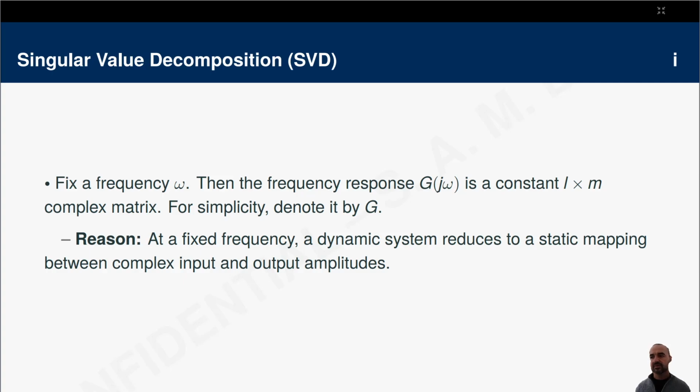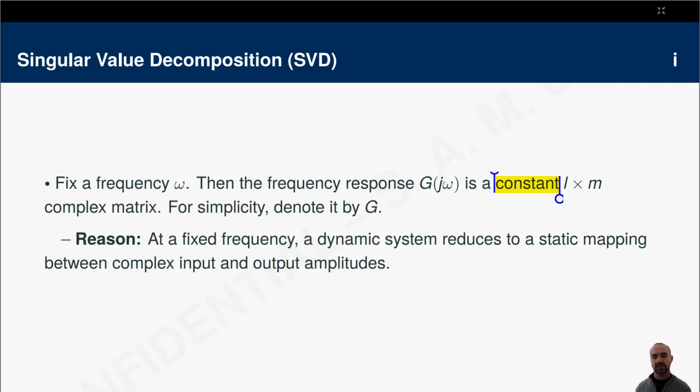We fix the frequency at omega, and then the frequency response becomes G(j omega). So G(j omega) is a constant L by M complex matrix. For simplicity, let's denote that by G.